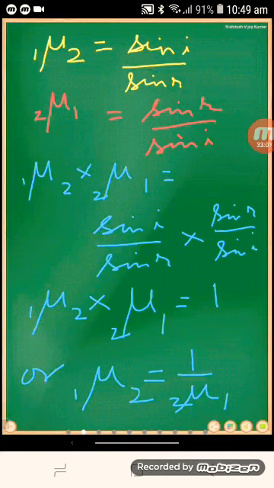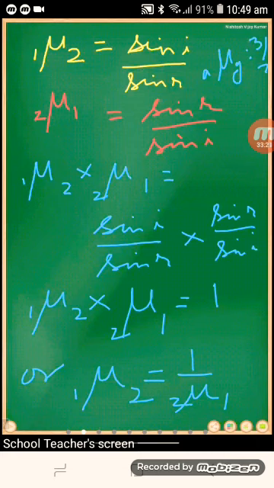Now what is the implication of this, or what is the application of this? It simply means that if we have the refractive index of glass with respect to air as, let's say, 3 by 2, that is 1.5, I can find out the reverse.